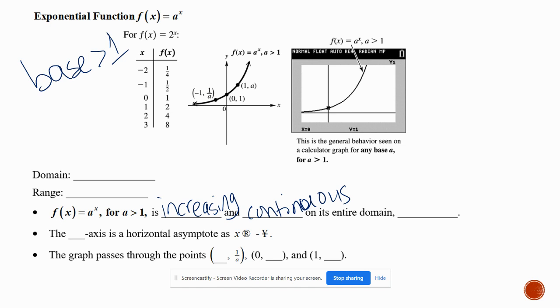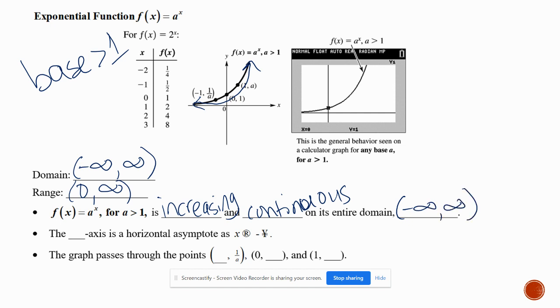Continuous because as I'm graphing this, I don't have to lift my pen or pencil up in order to be able to put the graph on my paper. The domain is always negative infinity to infinity for every exponential function. The range for our parent functions is 0 to infinity.